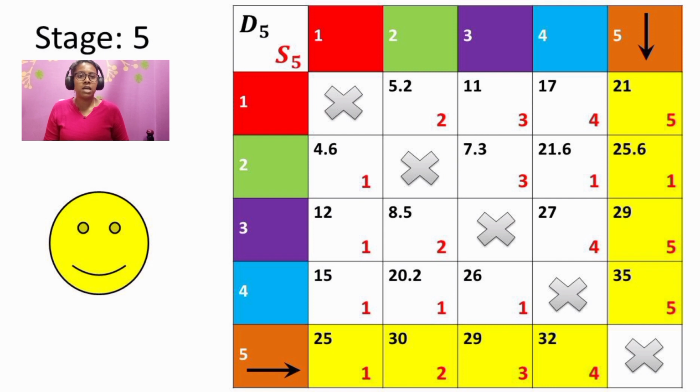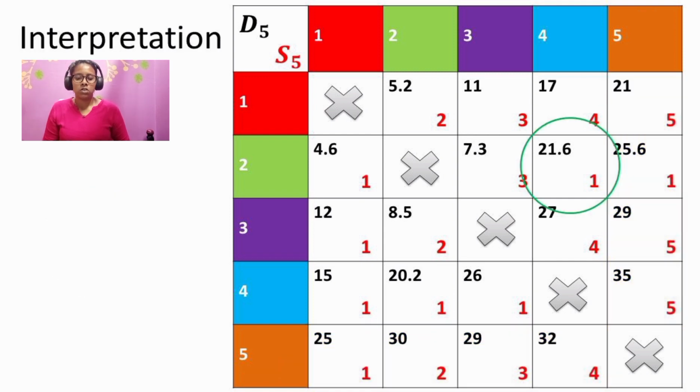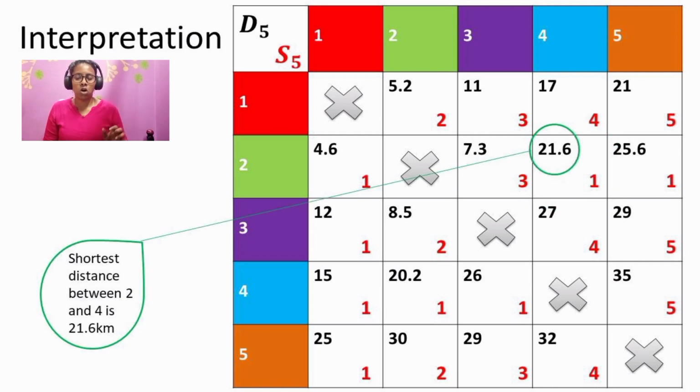Now the last step is the interpretation. So I take one of the values that is changed and tell you the interpretation. So I will take the 21.6 and 1 which I changed in the first stage, the first one. The shortest distance between vertex 2 and vertex 4 is 21.6 kilometer.